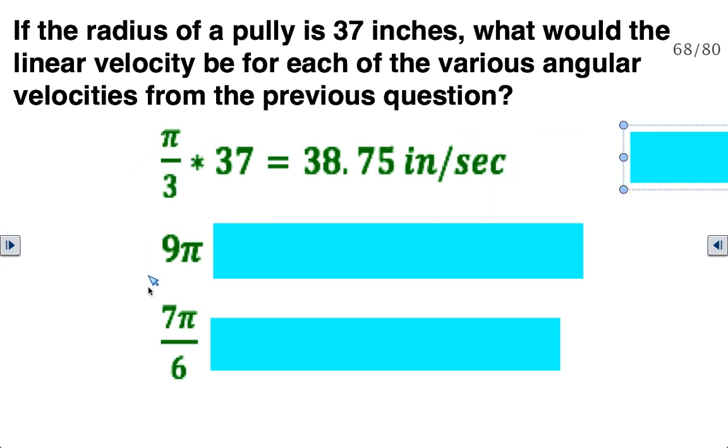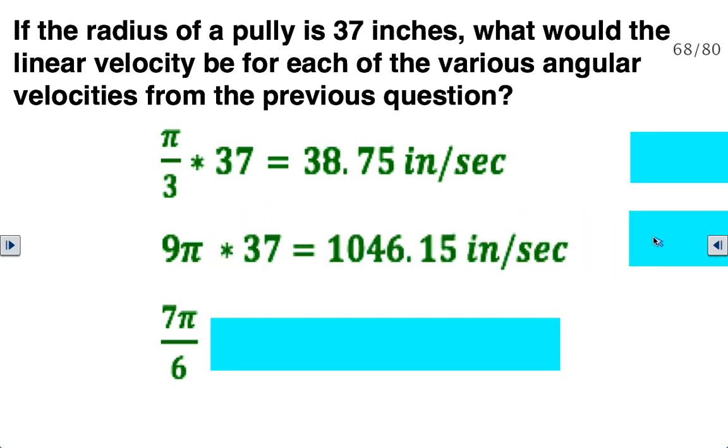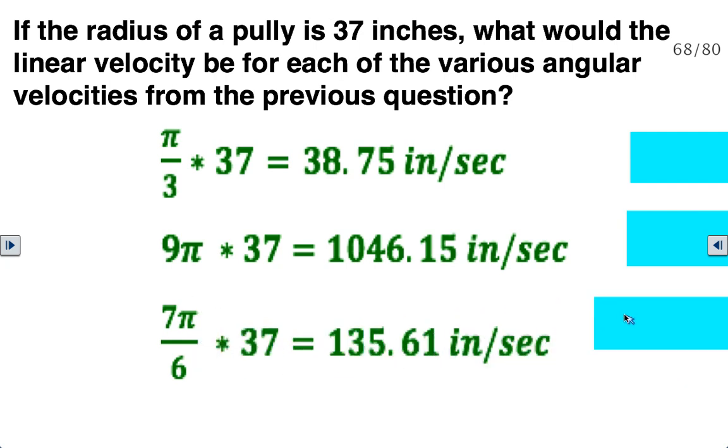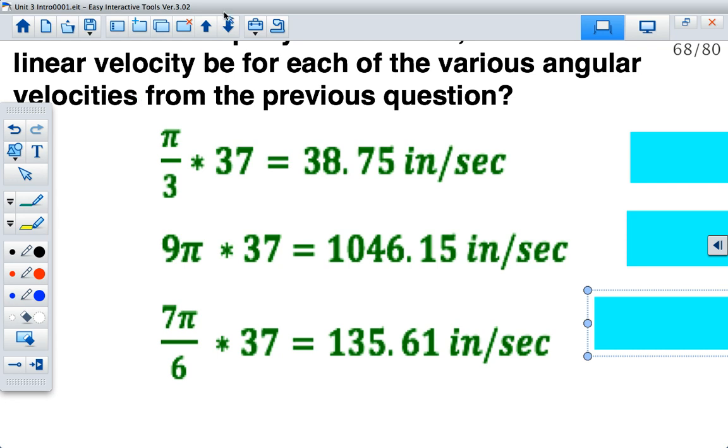Doesn't matter what your angular velocity is, you just multiply it by the radius. It's a super easy formula again. Just make sure you have your angular velocity in radians per time, not revolutions per time. This part is really easy. Multiply your previous answer by 37, and you're good to go.